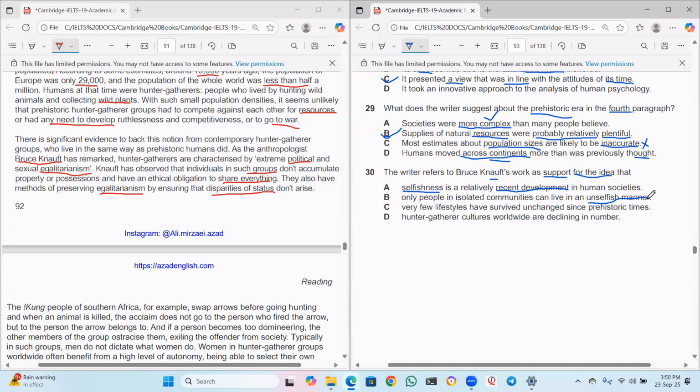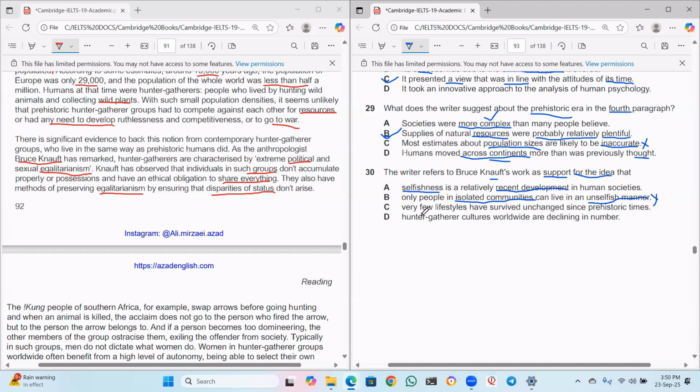He is talking about an unselfish manner, and only people in isolated communities can live so. Did he talk about any isolated communities, guys? Isolation means completely cut off from the world. No, he did not talk about any isolated communities here. So B cannot be our answer.